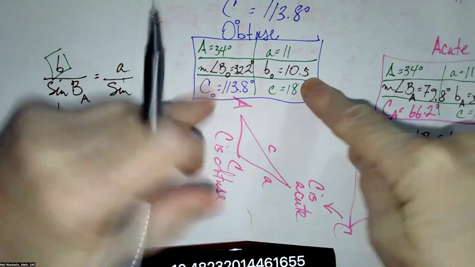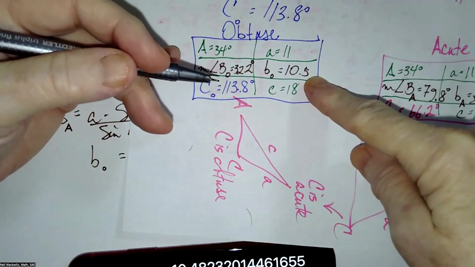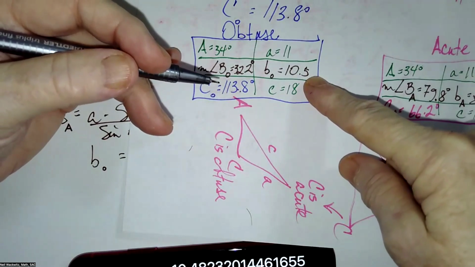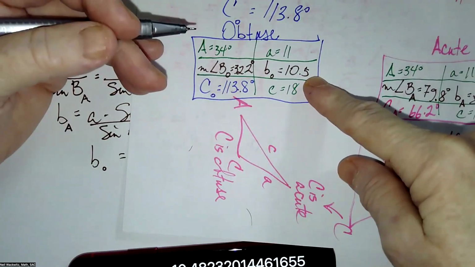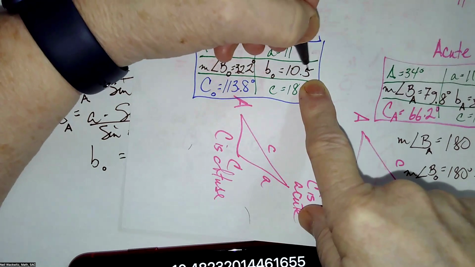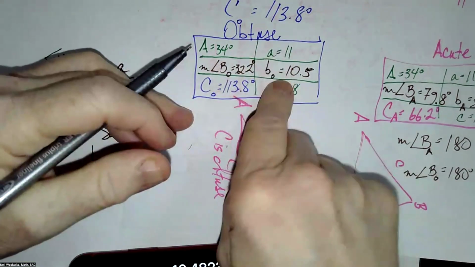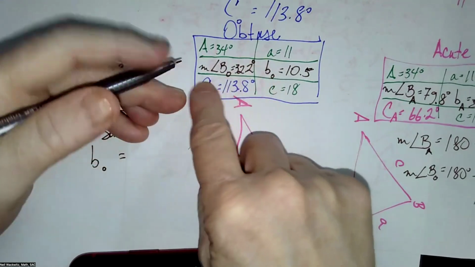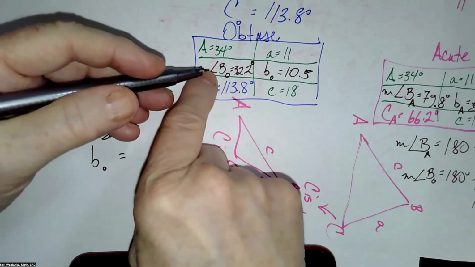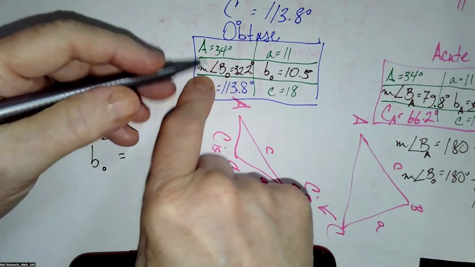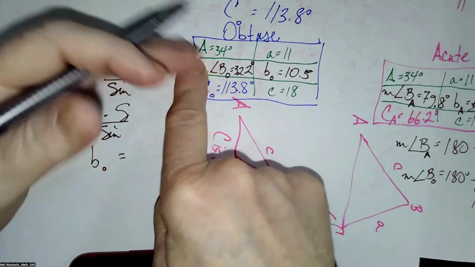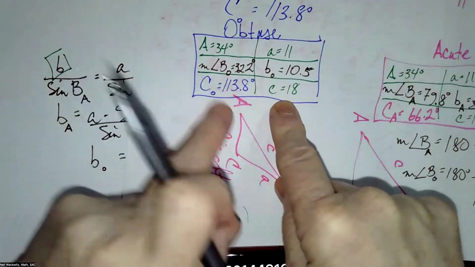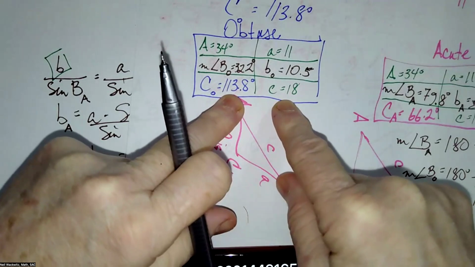Is side B the shortest? Yes, good. And I can see that it's very close to the length of little a, and angle A is very close to angle B, but it's larger. And then the longest side is opposite the largest angle. So that looks good.